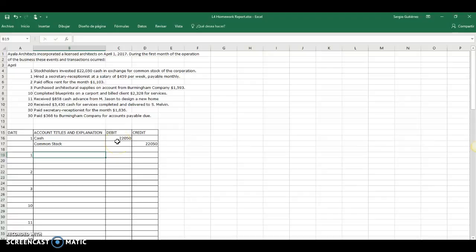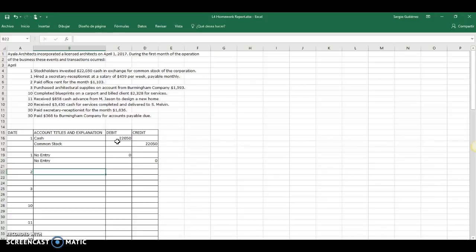But since this is not an economic transaction that changes the accounts of the company, we just have to register it as no entry, with a zero in both columns.